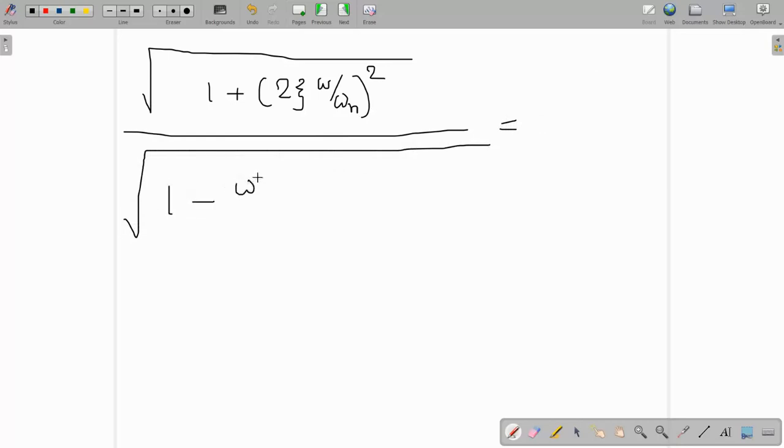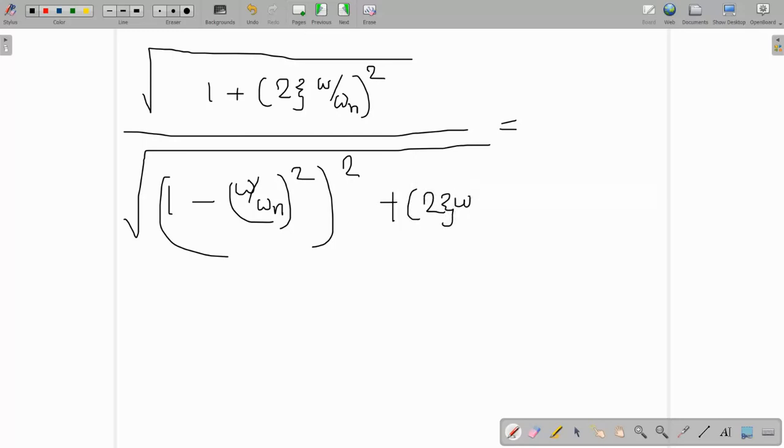1 minus (omega upon omega n) whole square, this all the power whole square, plus 2 epsilon omega upon omega n whole square. Okay, and this is equal to transmissibility, and it is given as 1, so we can write the denominator on the right side.